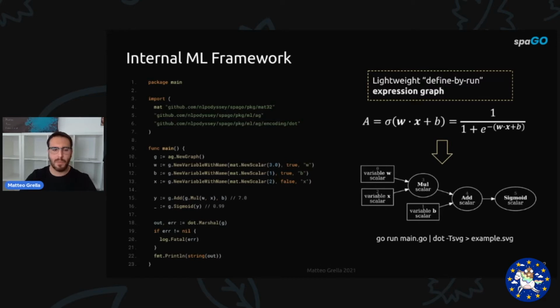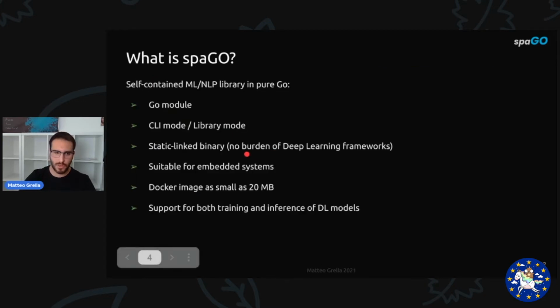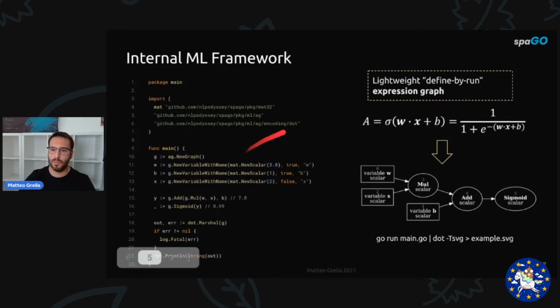So a little bit of math, because it's crucial in a machine learning library that needs to have an internal lightweight machine learning framework. Basically, the framework is nothing else than a way to create an expression graph, or computational graph. So let's take this expression.